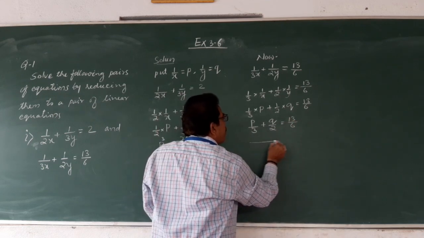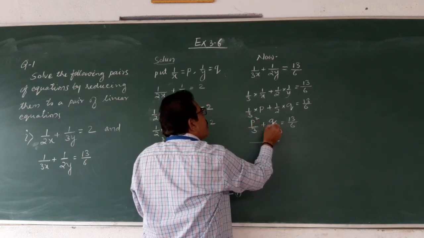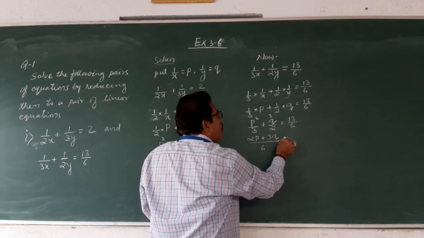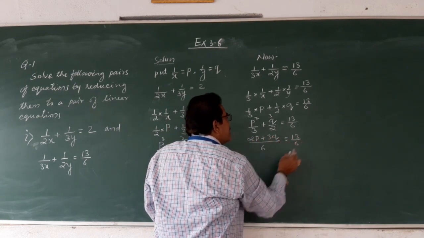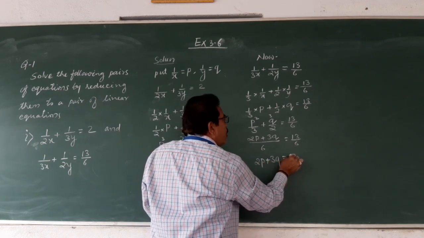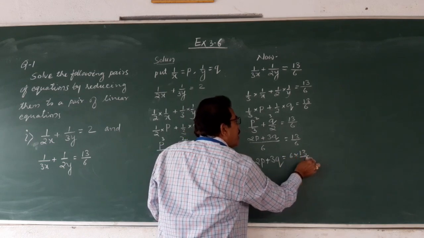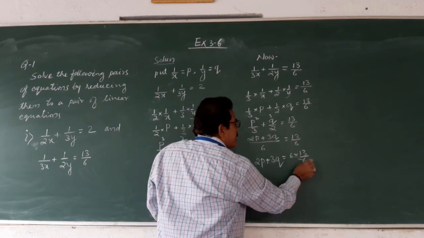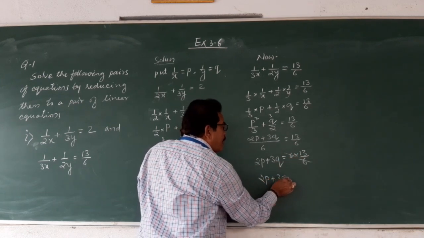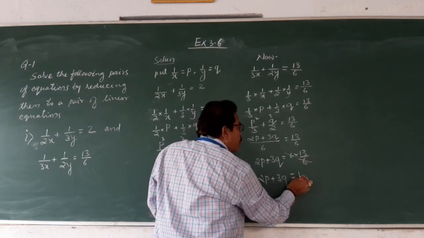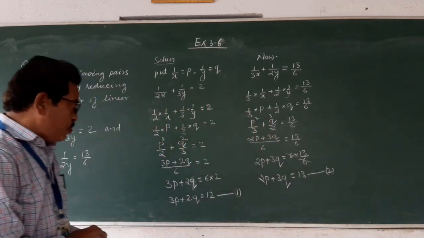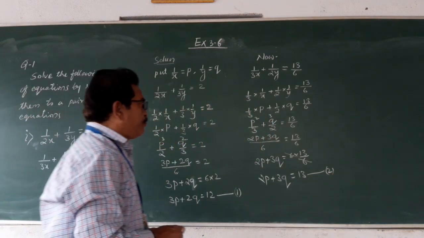Here also the LCM is 6. 2p plus 3q equals 6 into 13 by 6, cross multiplication. 6 gets cancelled. 2p plus 3q equals 13. This is equation 2.